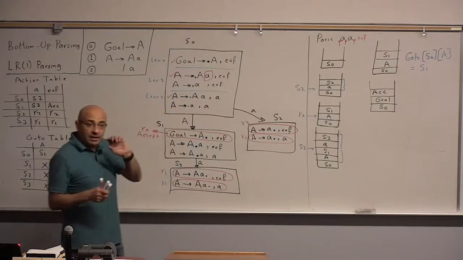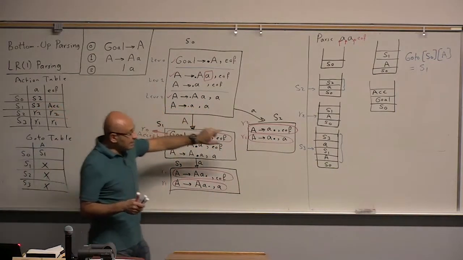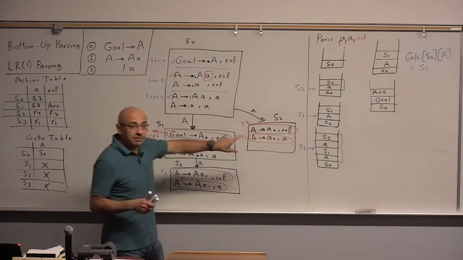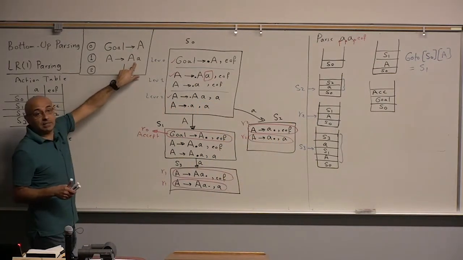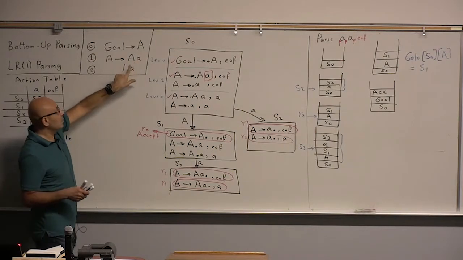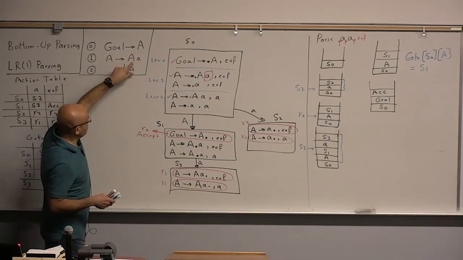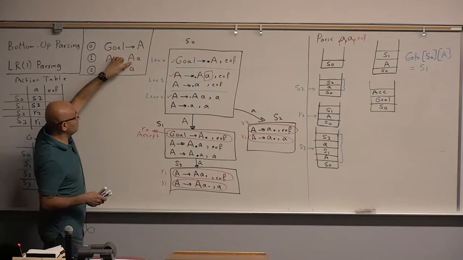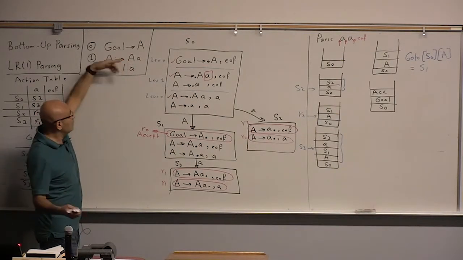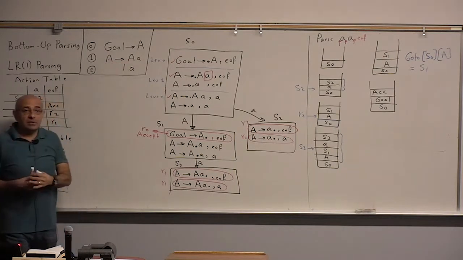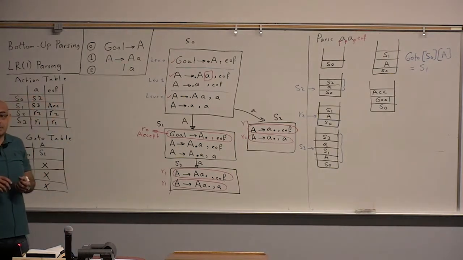And how many entries on the stack will you be popping off? It's the number of symbols in the production that you are using, multiplied by 2. Why multiplied by 2? Because you have to include the states themselves.